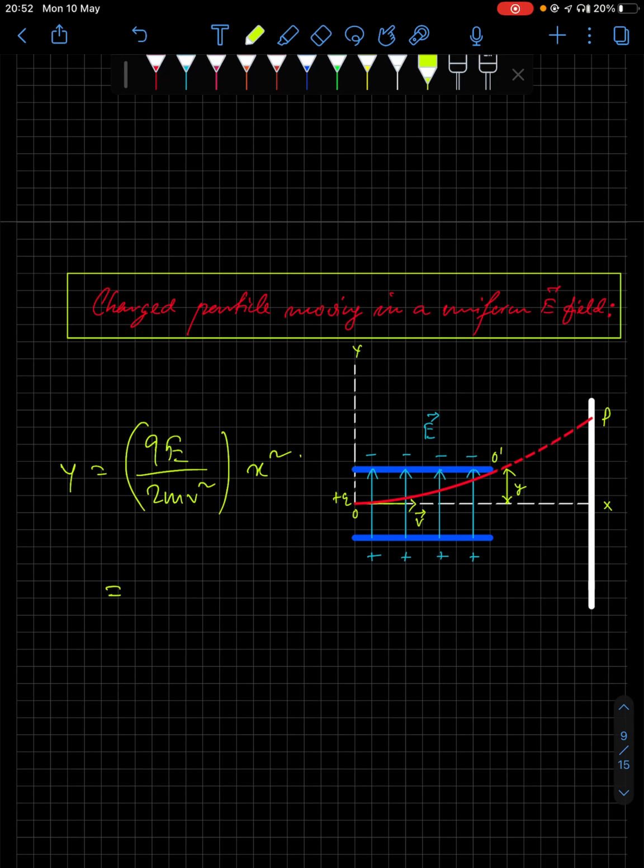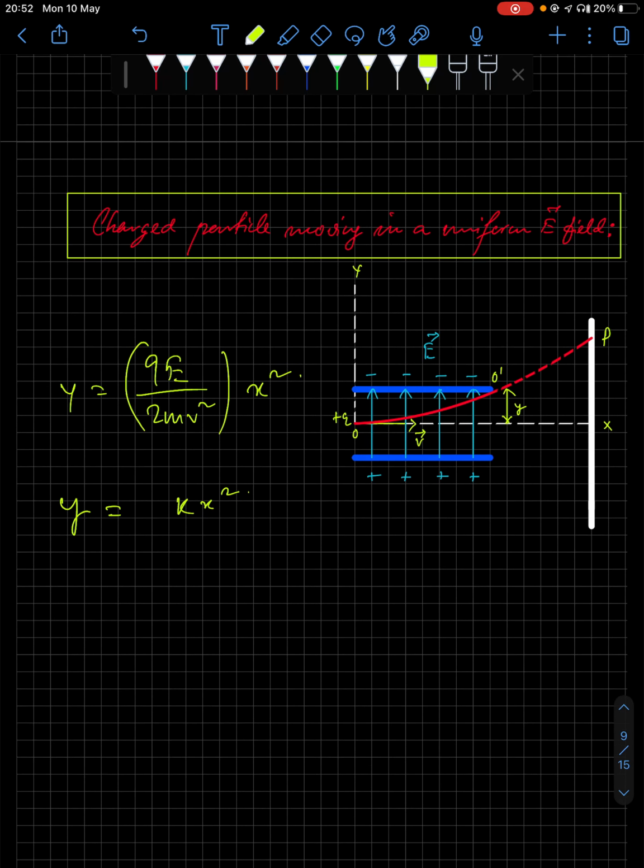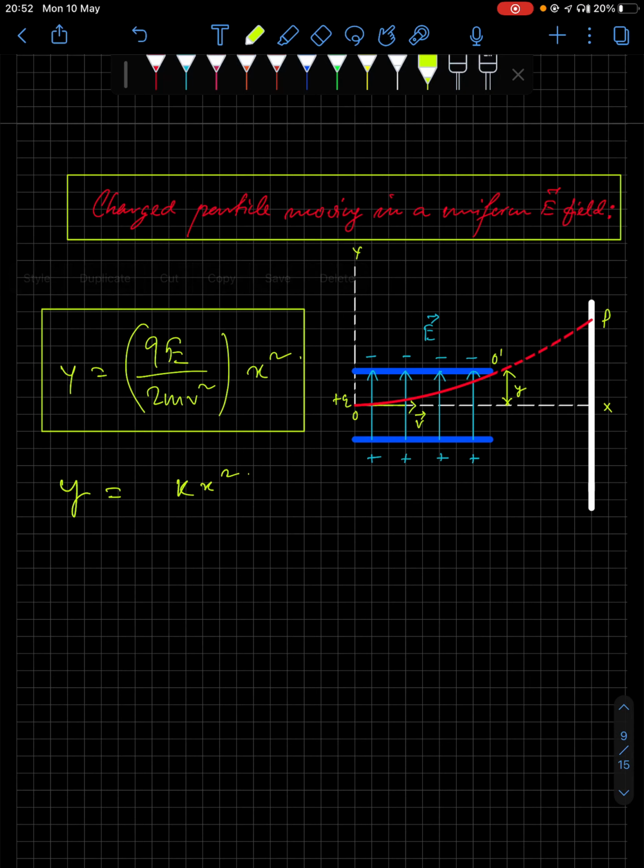Since QE by 2mv square is a constant, we can write it as kx square, and this is the relation you need to remember. Now this kx square is the equation of a parabola, right? It shows that the path of the charged particle is parabolic. The deflection is proportional to q by m, the charge by mass ratio.